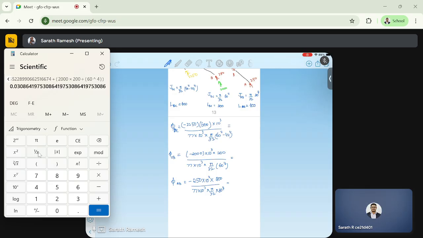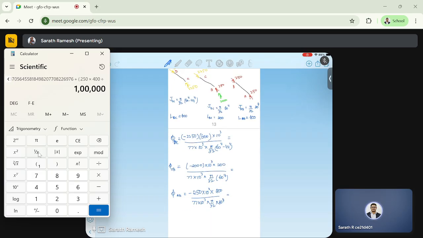This is the second term, plus 250 into 400 divided by this 80.